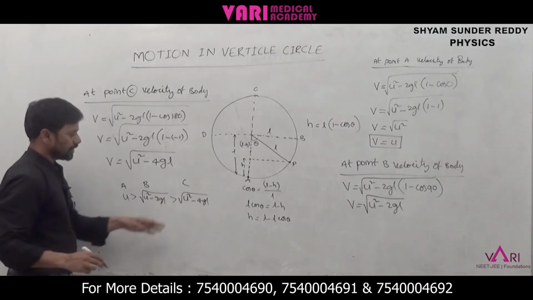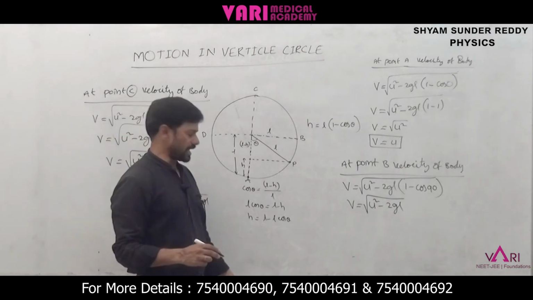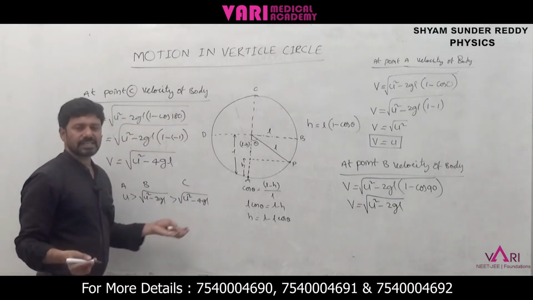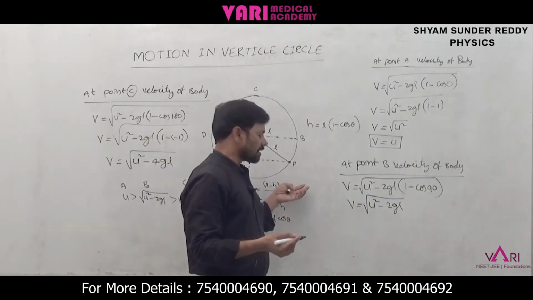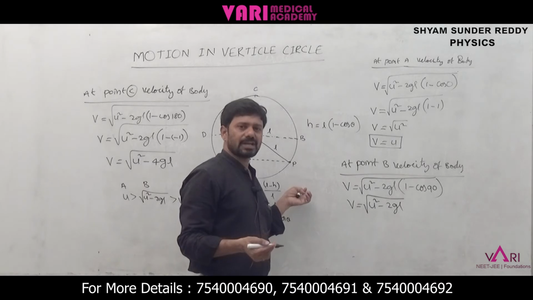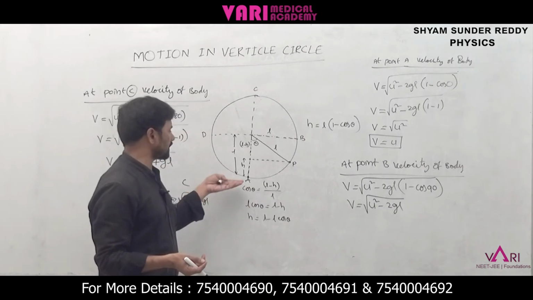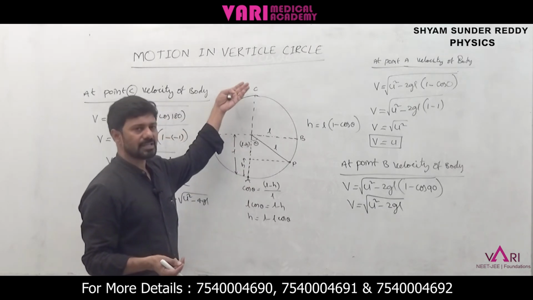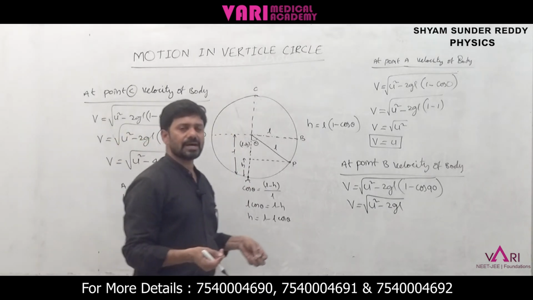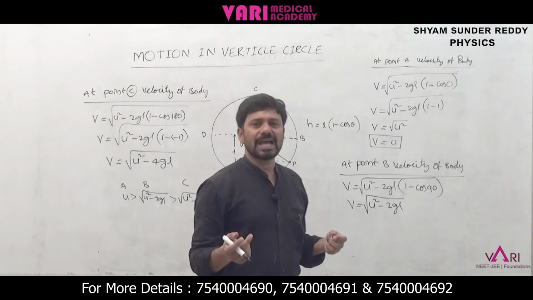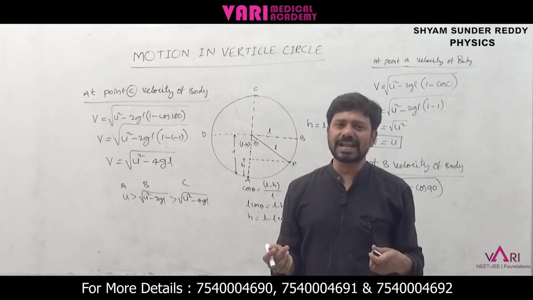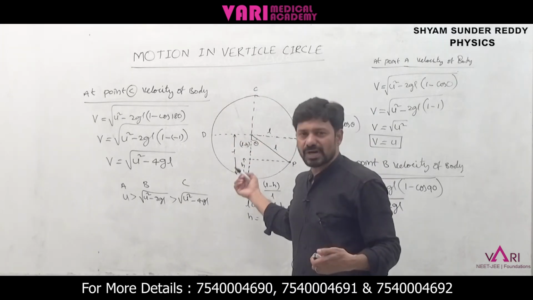At point C, it is the square root of U square minus 4gL. This slowly decreases: U is greater than the square root of U square minus 2gL, which is greater than the square root of U square minus 4gL. What is the reason for the decrease in velocity? Here we are applying the same force on the body in vertical circular motion, but the velocity slowly decreases at point A, point B and point C, because the gravitational force of attraction works on the body.